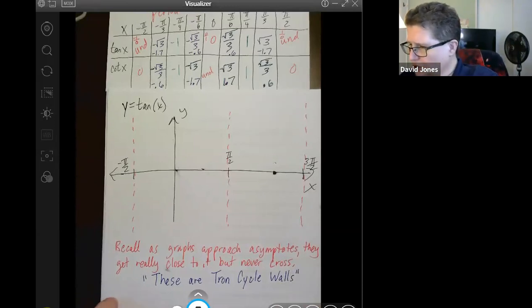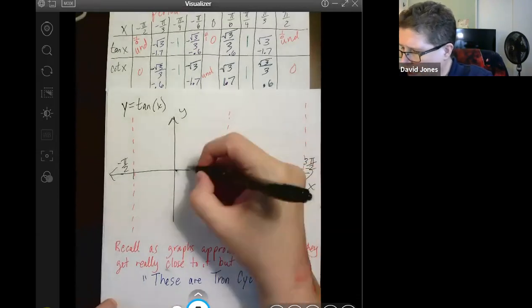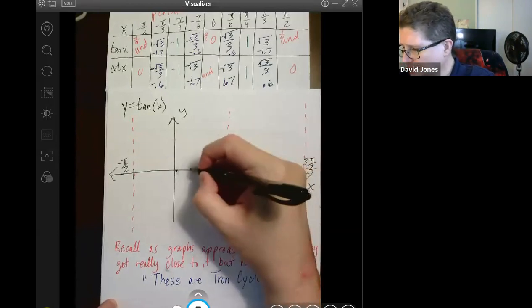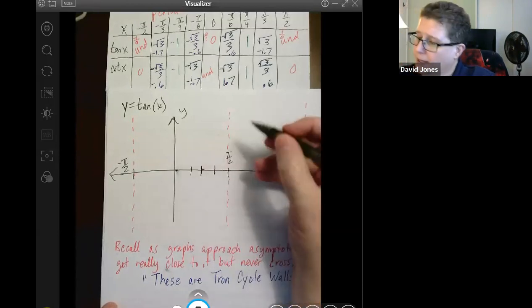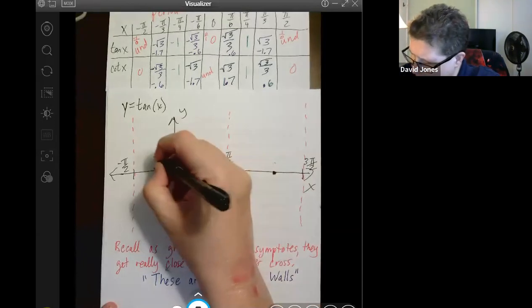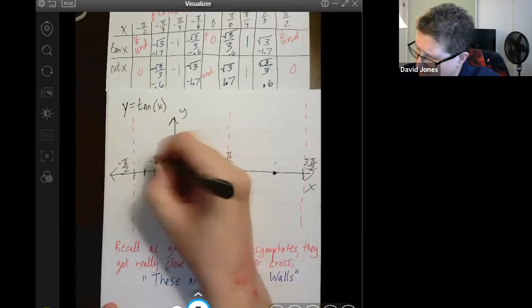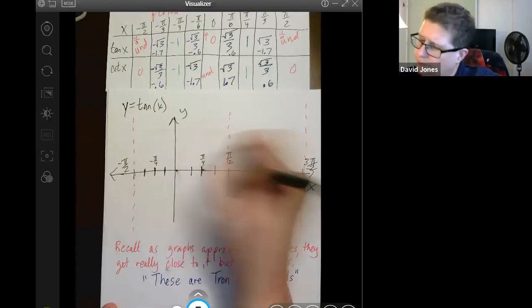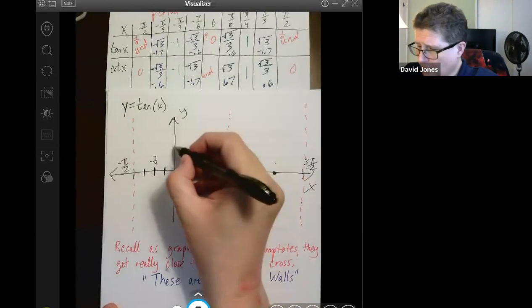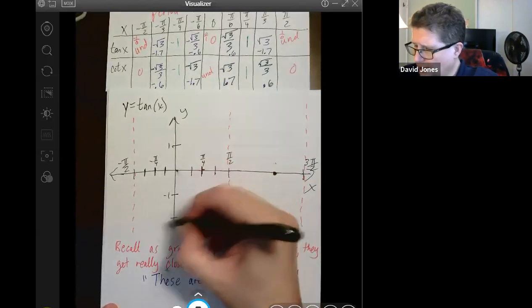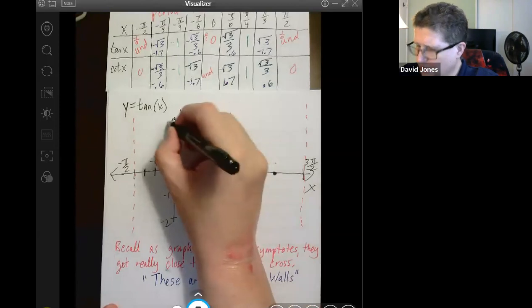All right, so what do we have in between? We've got pi over 6, pi over 4 is in the middle. Pi over 6, pi over 3. Pi over 4 is in the middle. Pi over 3, or negative 1, negative 1, negative 2, 2.